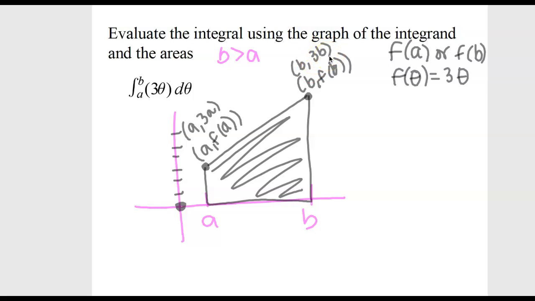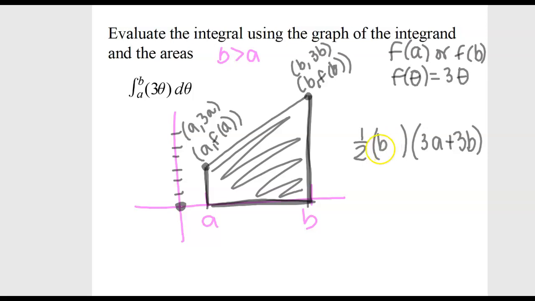And you can see from that picture and those points that the area of that curve is a trapezoid. So base 1 is 3A, base 2 is 3B, and then the height is that distance from A to B. So again, the height or the distance is always B minus A. So in this case, we just don't know B, A, etc. That is your integral value.